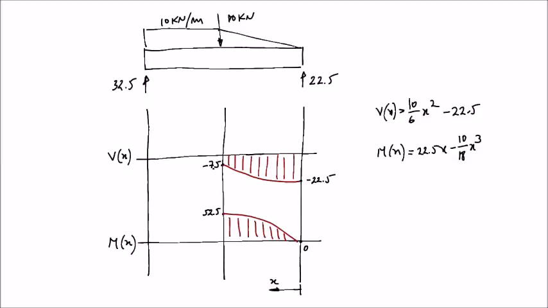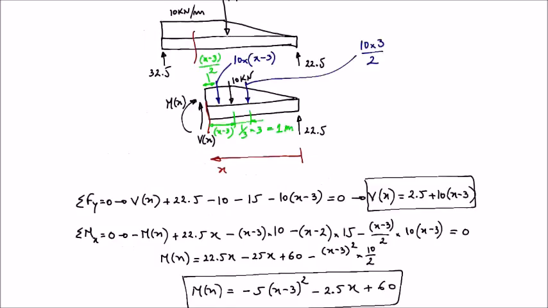We have now to do the other section, for x between 3 and 6. I'm going to delete these equations now, and I'm going to consider the equations for the other section.